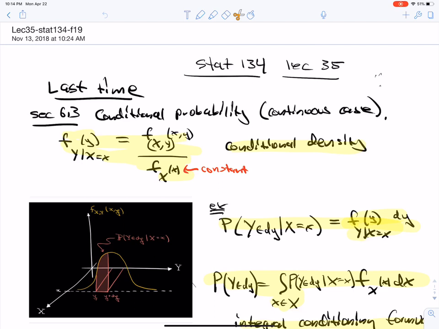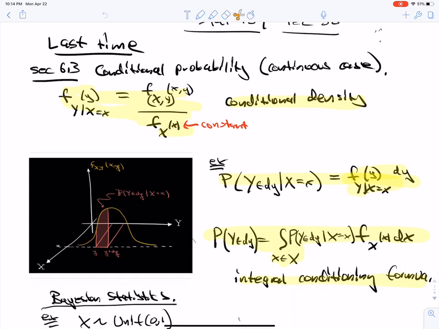You can visualize what the conditional density is by taking a slice, for a specific x, of the joint density. The probability that y is in dy, given x, is the shaded red region in the conditional density picture.